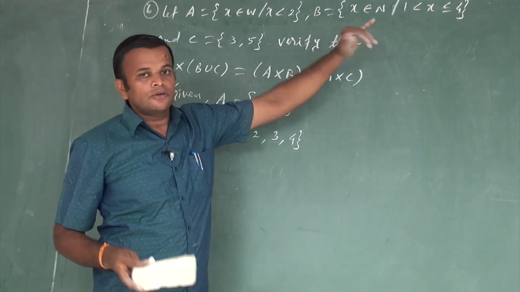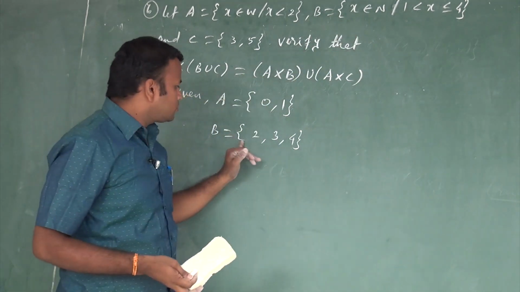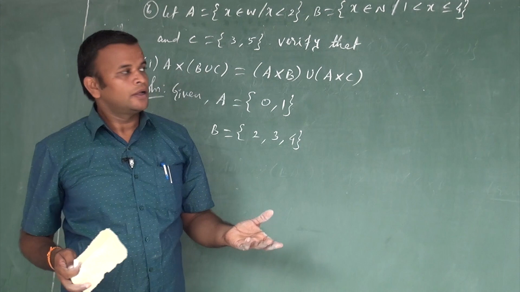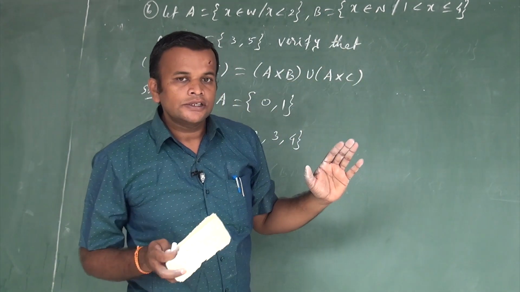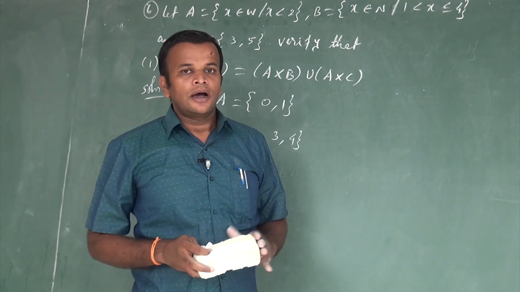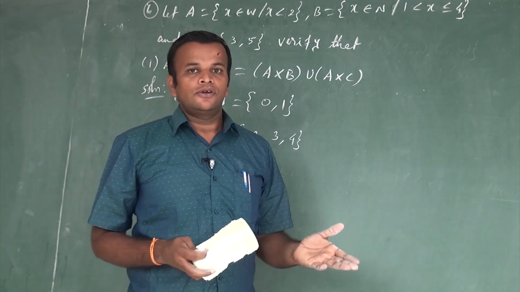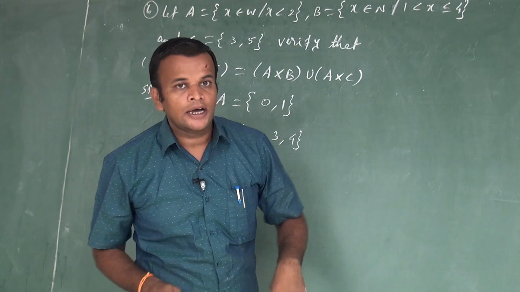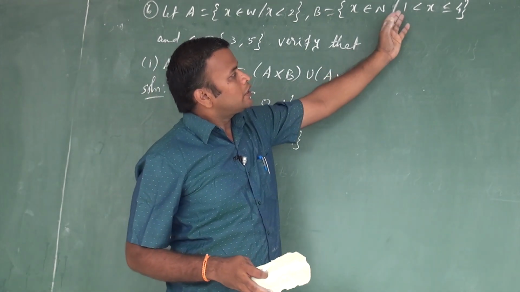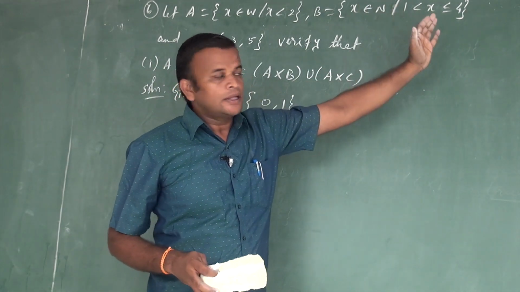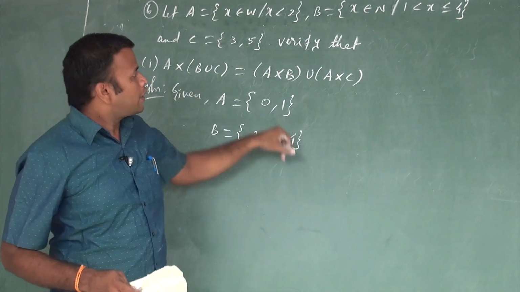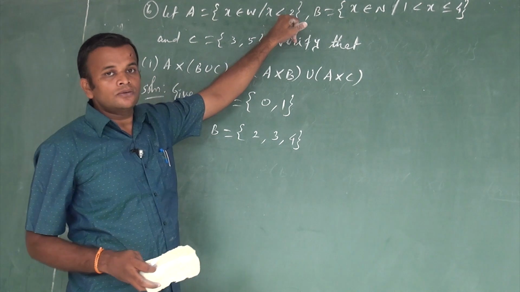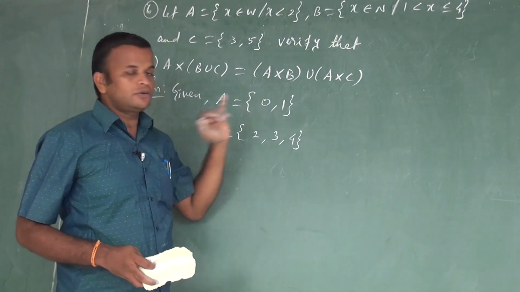X belongs to N, so we write all natural numbers. 2, 3, 4 are all natural numbers, and x also satisfies the condition that the value of x is more than 1 and less than or equal to 4. So the possible numbers are 2, 3, and since the less-than-or-equal-to symbol is given, we write 4. But for set A, since it is less than 2, you don't write 2.